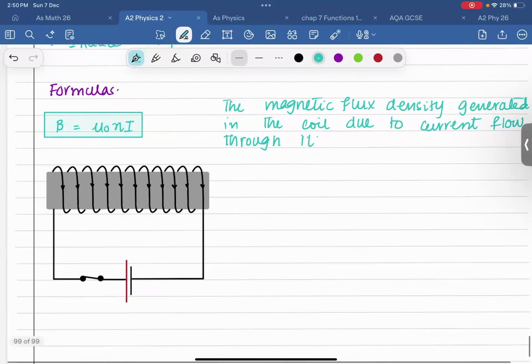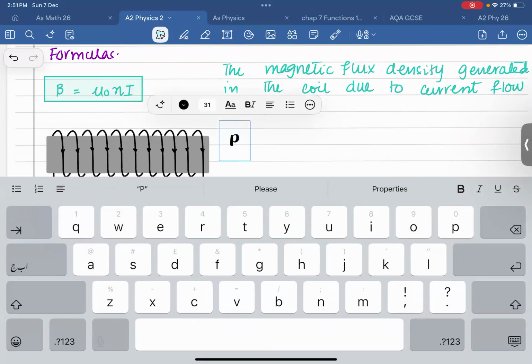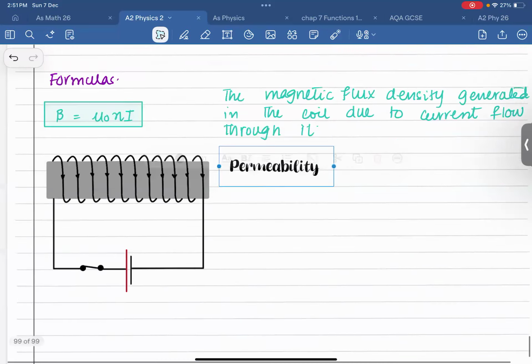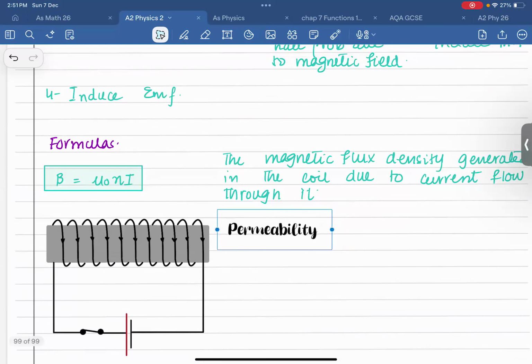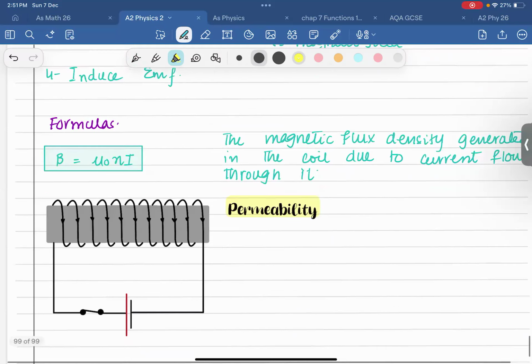Actually, by the way, just know the concept of mu naught. This is what we call permeability. Like the permittivity of free space for the electric field, we have the permeability of free space for the magnetic field.